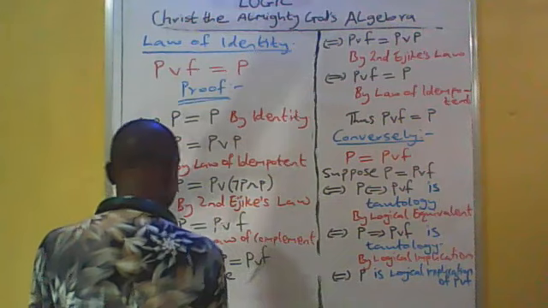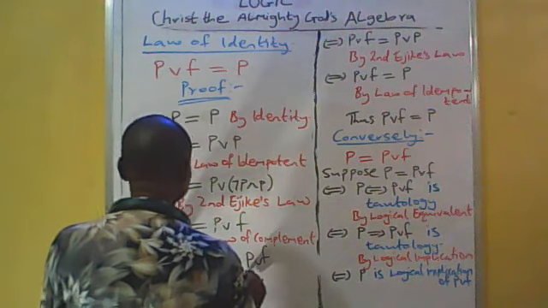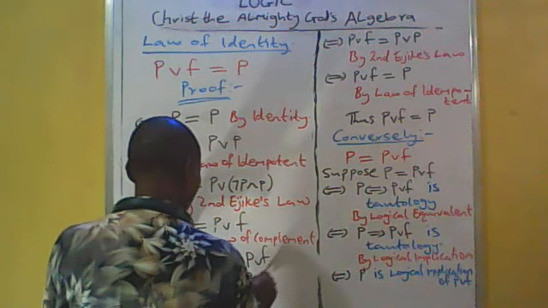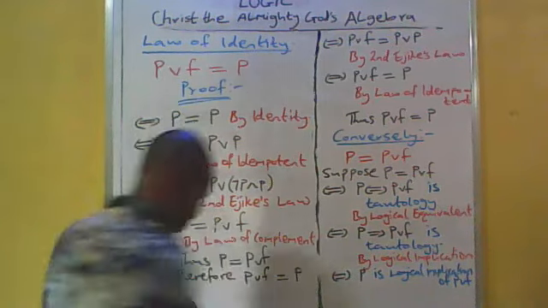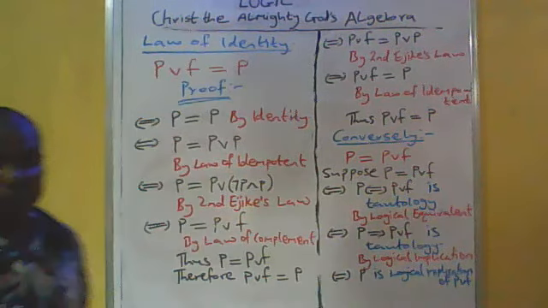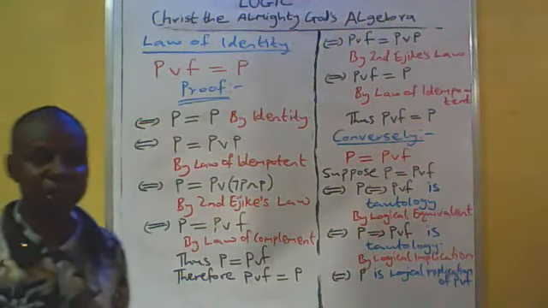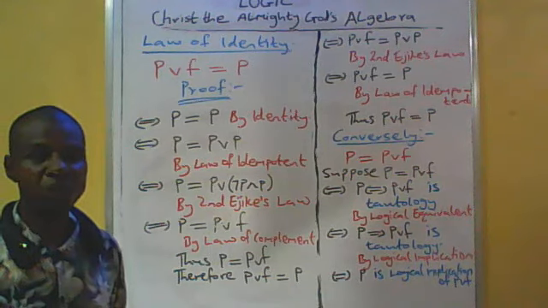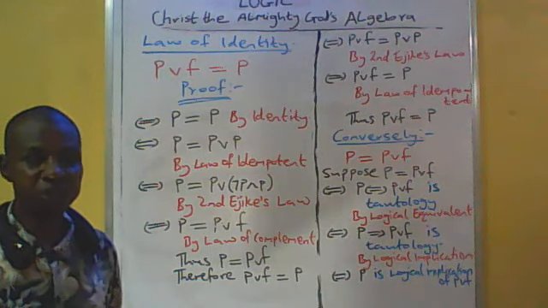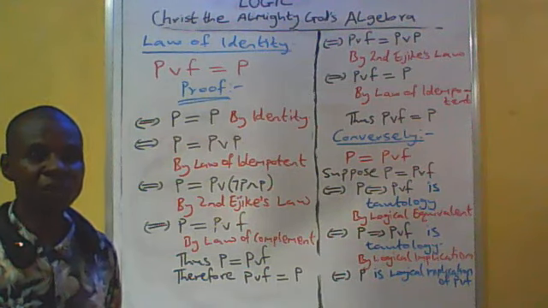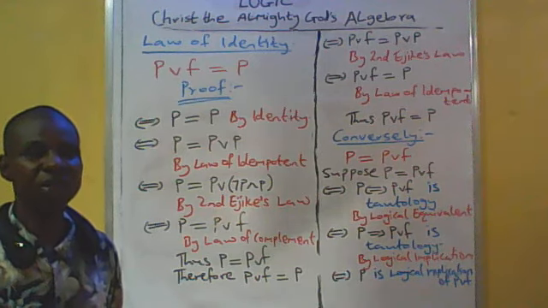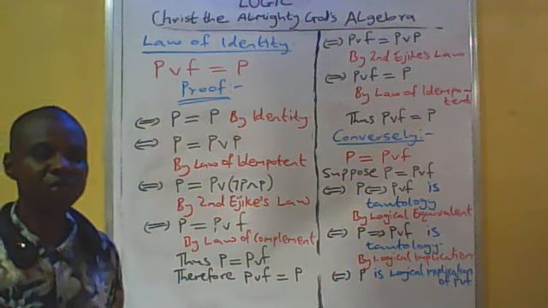Therefore, P or F is equal to P. We have now proved that P or F is equal to P is law of identity by disjunctive statement. That means P or F is equal to P exists as law of identity by disjunctive statement.